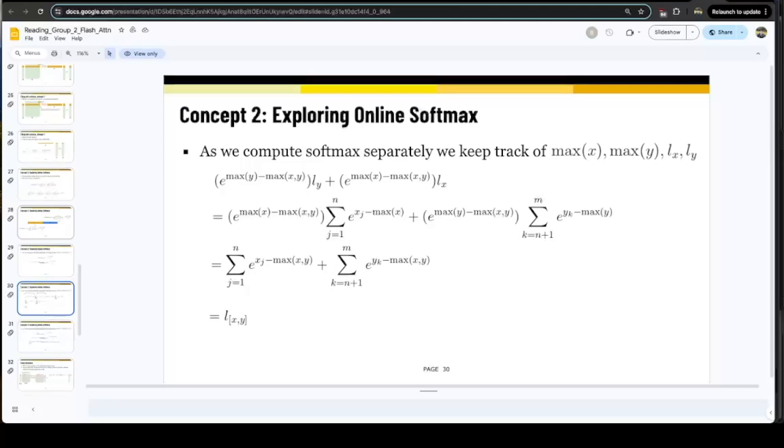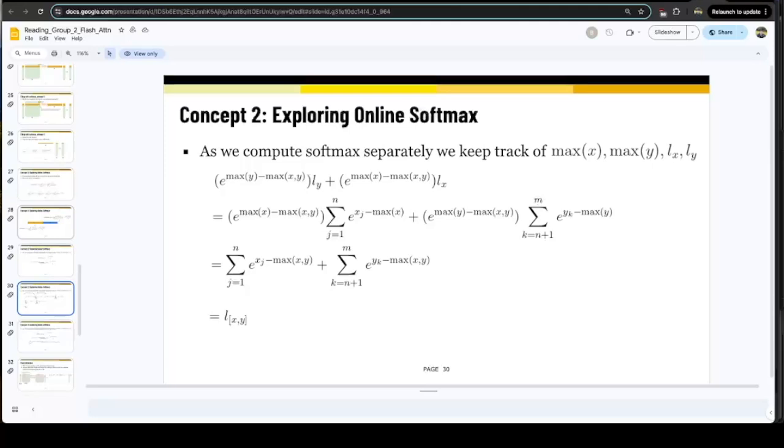So as we compute softmax, we're basically going to need to swap these numerator terms and the denominator term. The key value here is that when you're multiplying in e, it gets rid of the old one, and then you're subtracting the new value.